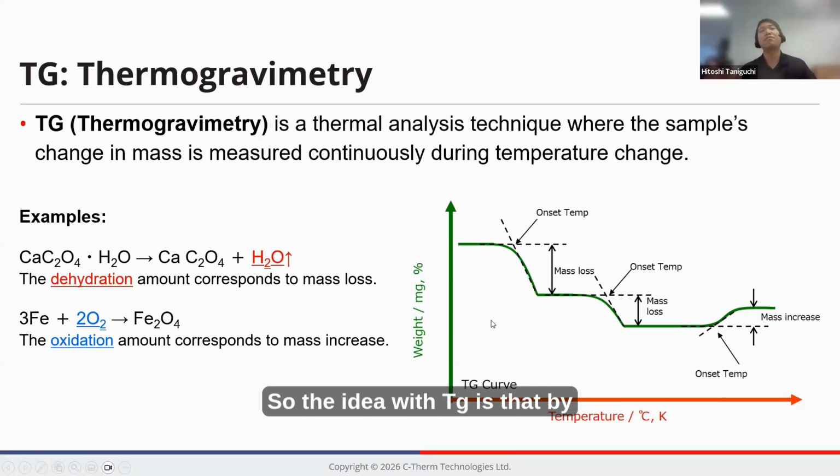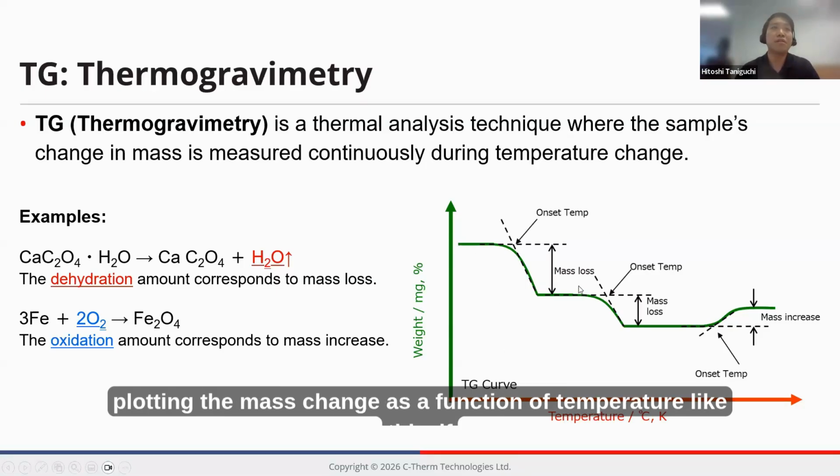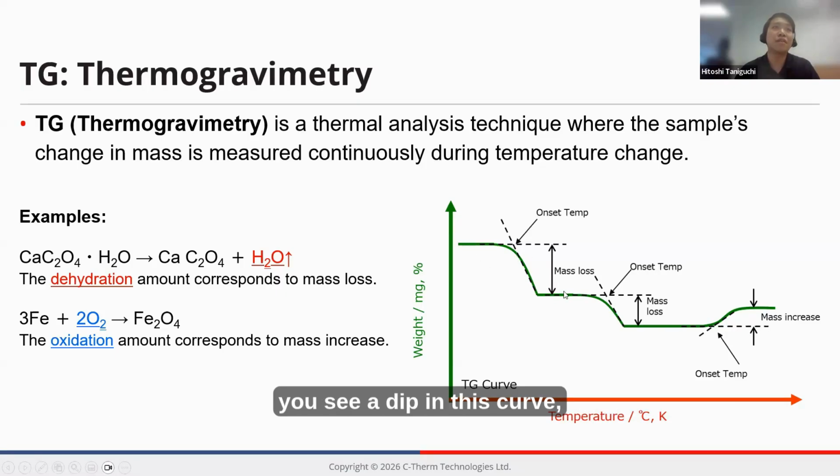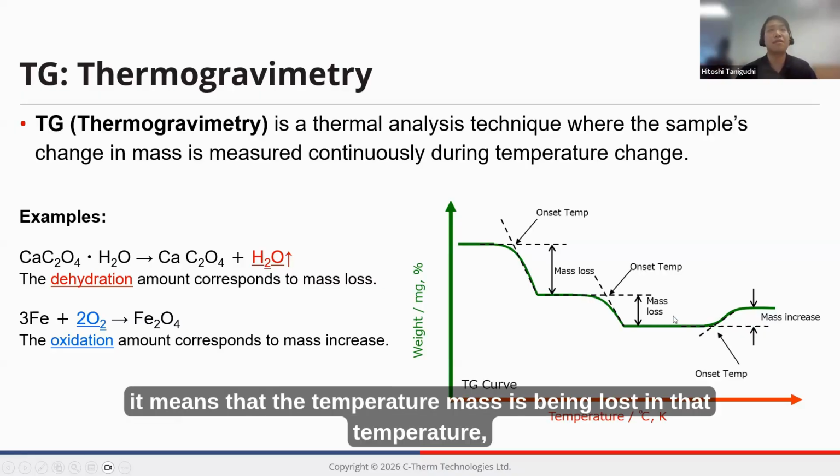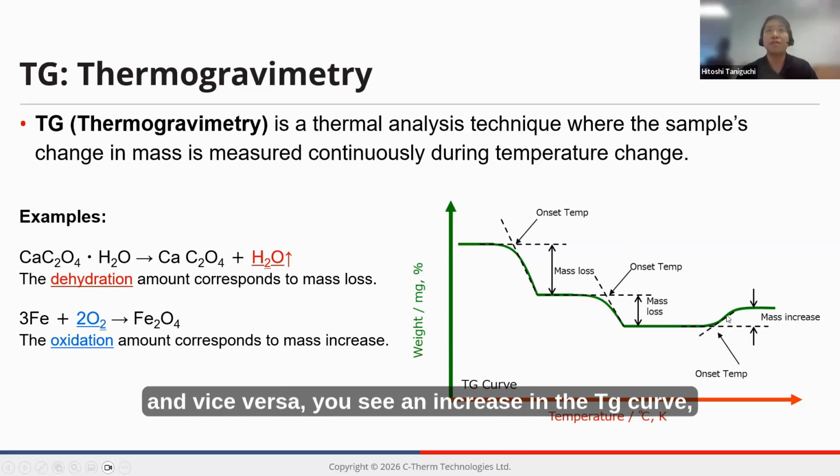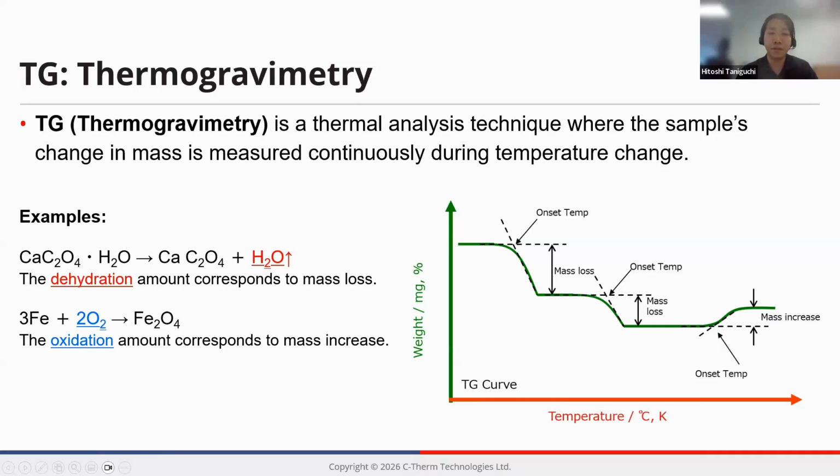So the idea with TG is that by plotting the mass change as a function of temperature like this, if you see a dip in this curve, it means that mass is being lost at that temperature, and vice versa. If you see an increase in the TG curve, you see a mass increase.